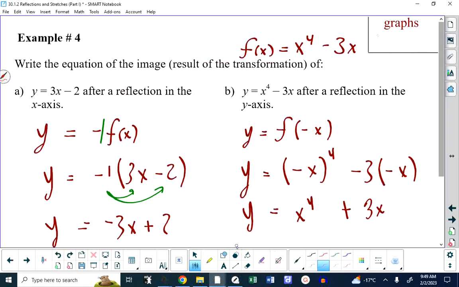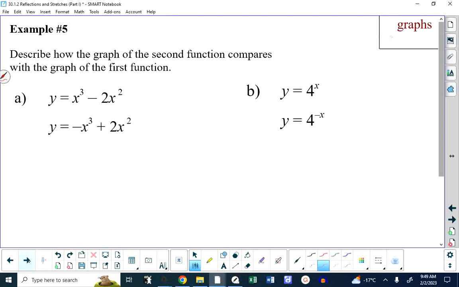All right, I think we have one more question. Describe how the graph of the first function compares to the graph of the second. Let's start with B. B is, boy, if somebody wants to give you marks on an exam, like literally go, here's a mark, this is it. This is a horizontal reflection because x in the original graph became negative x in the new graph.